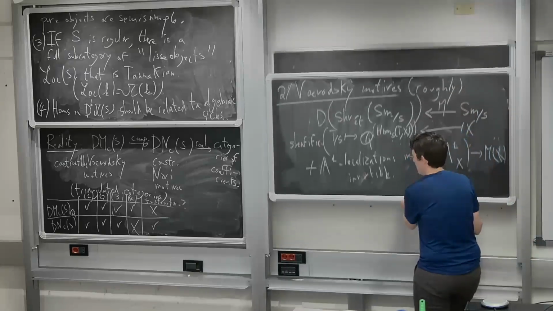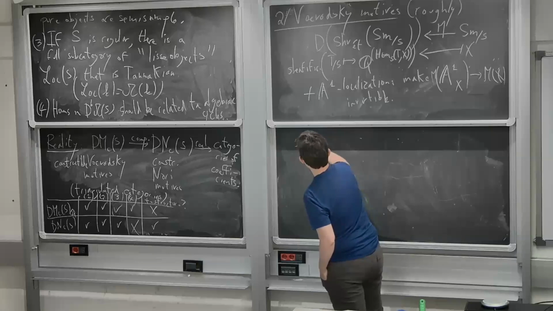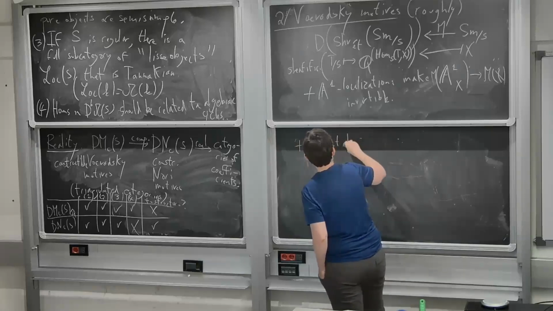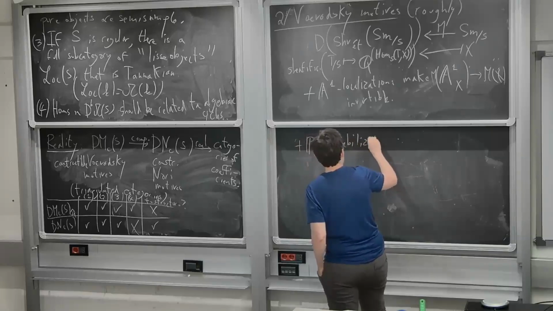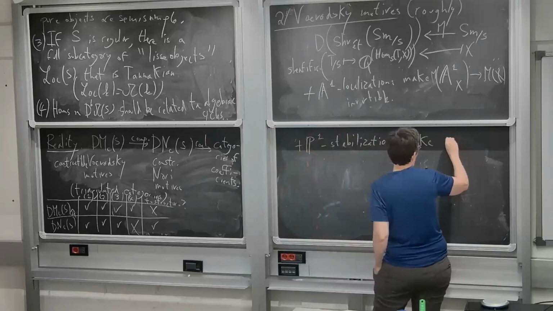And then you do what is called P1 stabilization. What is P1 stabilization? You make the tensor product.